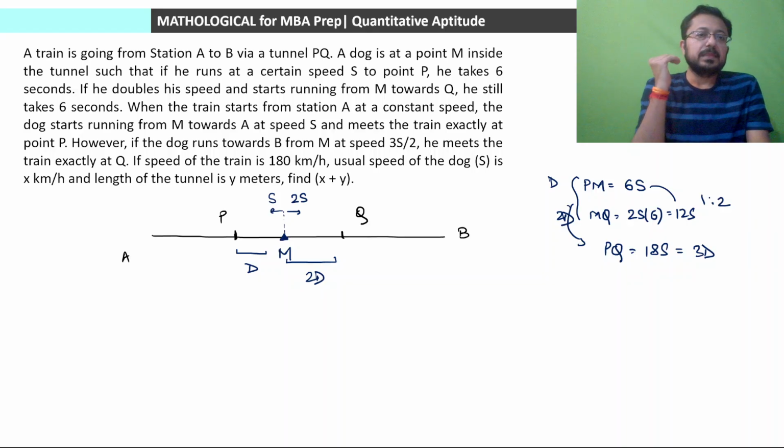Okay. Then the question is saying when the train starts from station A at a constant speed. So now the train from station A is starting at a constant speed, and that speed is 180 km/h.